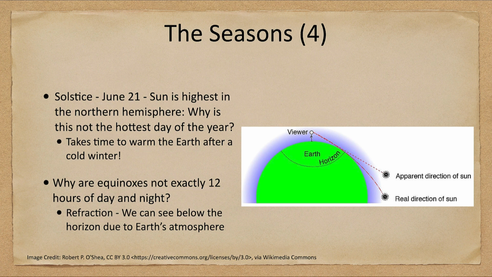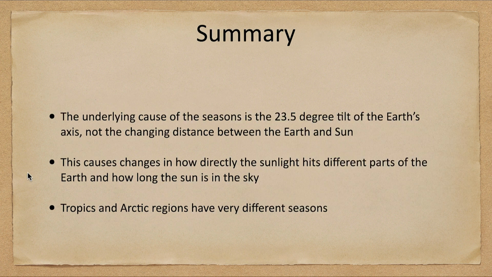So let's go ahead and finish up with our summary. What we've looked at here is the underlying cause of the seasons being the 23.5-degree tilt of Earth's axis. It has nothing to do with the changing distance between Earth and sun. This causes changes in how directly the sunlight hits different parts of the Earth and how long the sun is in the sky.